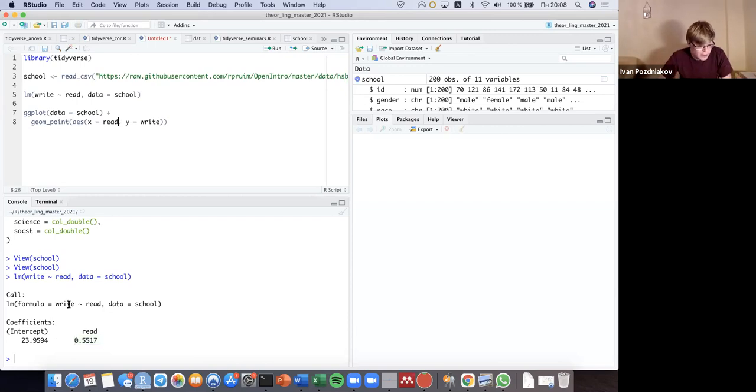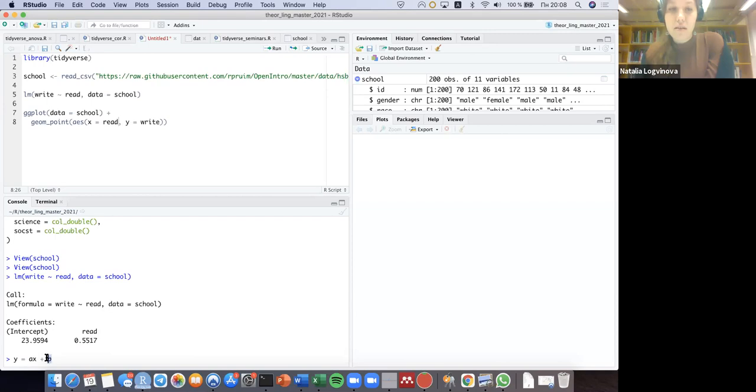So this formula you remember from school, I think: y is ax plus b, right? The intercept is the value of y when x is 0. Yes, right. And we'll check it now, actually.